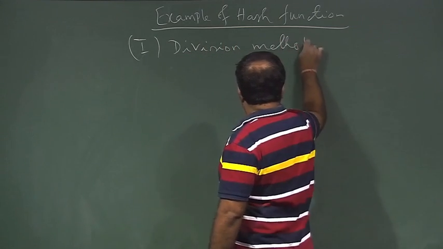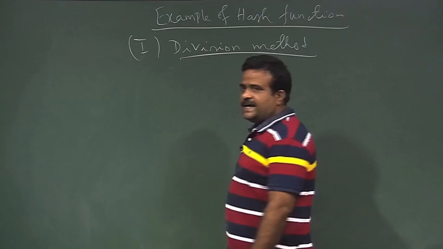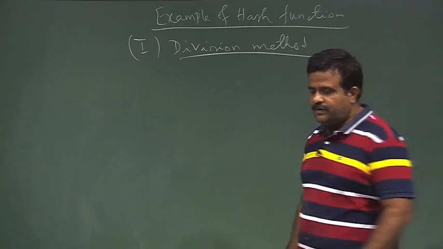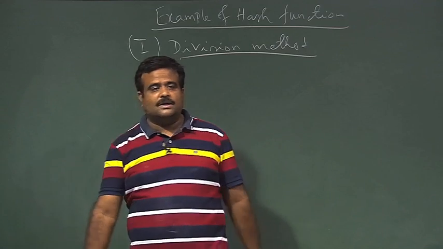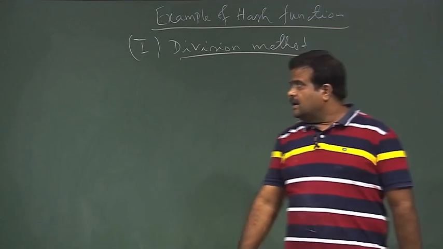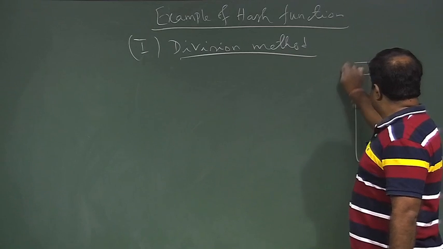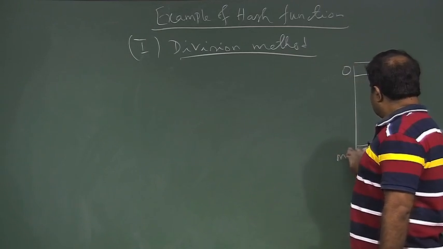In the division method, we are assuming our keys are integers. All the keys are integers, and we have a number of slots m, which is also an integer, with slots 0 to m minus 1.